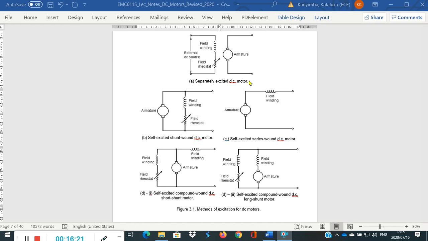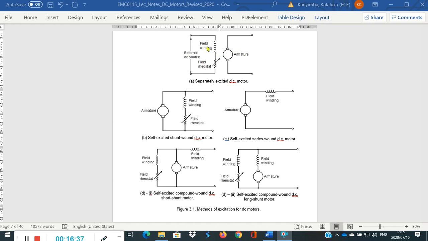In this motor, the field winding is provided from a separate supply, an external DC source, which is not the same as the one connected to the armature winding.